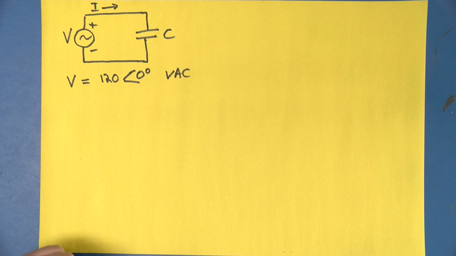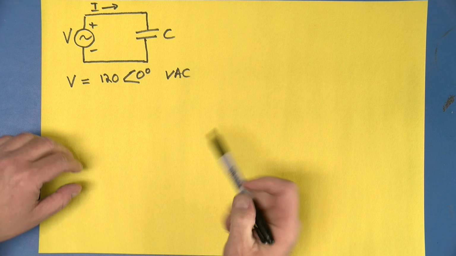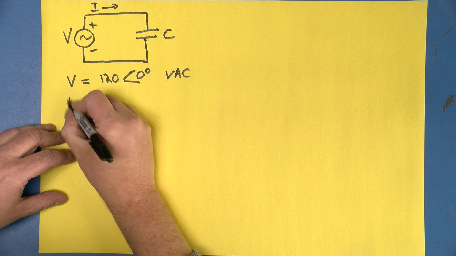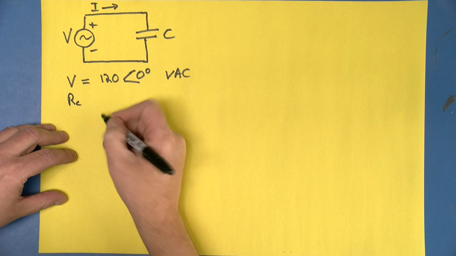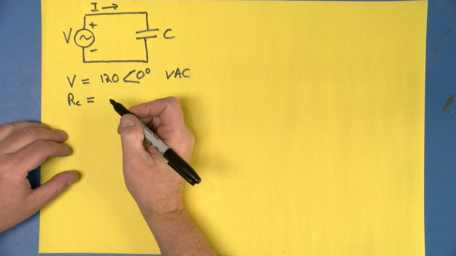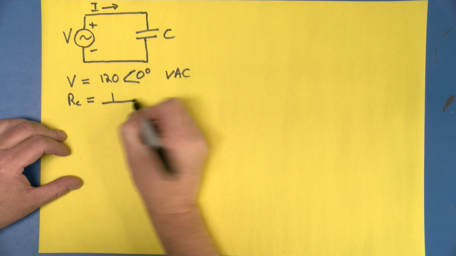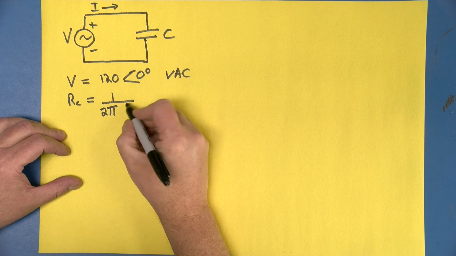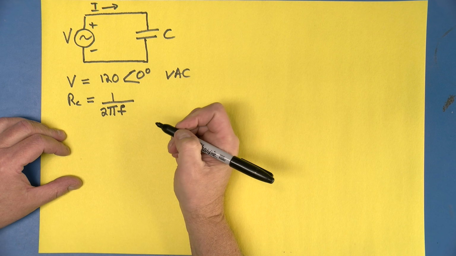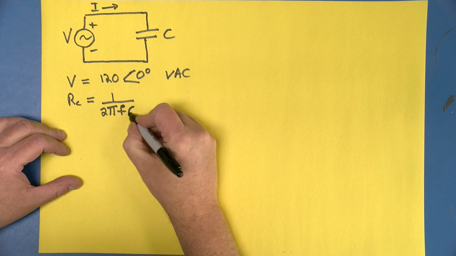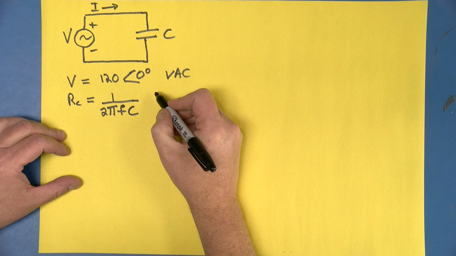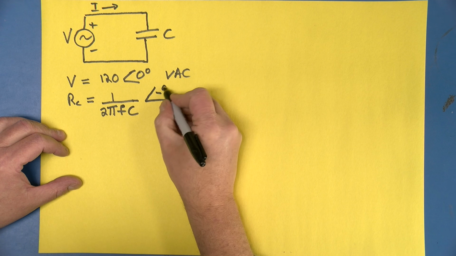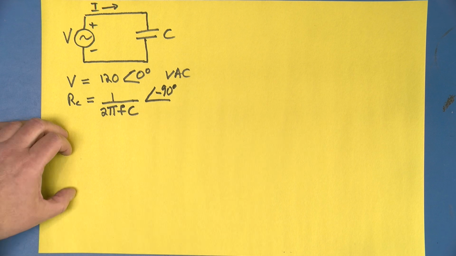Now, you might ask, what is the reactance for the capacitor? Well, the reactance of a capacitor is equal to 1 over 2 pi times the frequency of the AC waveform times the capacitance, and all of that has an angle of minus 90 degrees.